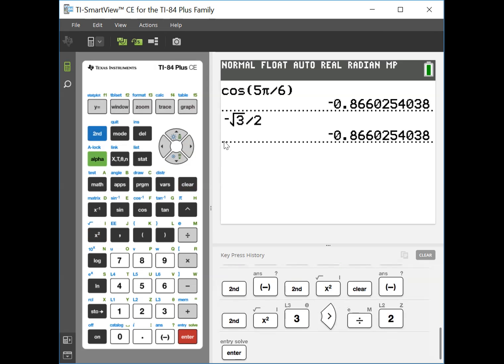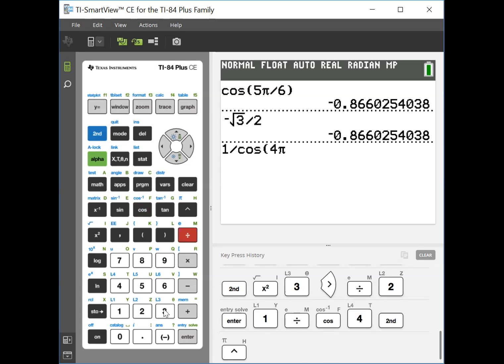Now, on the other hand, if we had something like secant of 4 pi over 3, remember secant is 1 over cosine. So I would put that in as 1 over, because we don't have a secant button, so we have to use the reciprocal identities. 1 over cosine of 4 pi over 3. Remember the answer to that we got was -2.